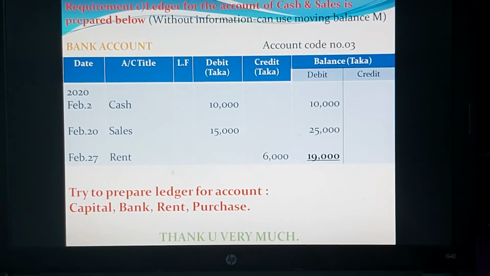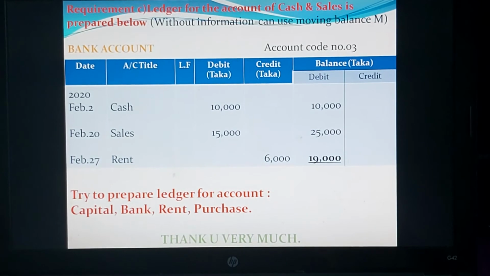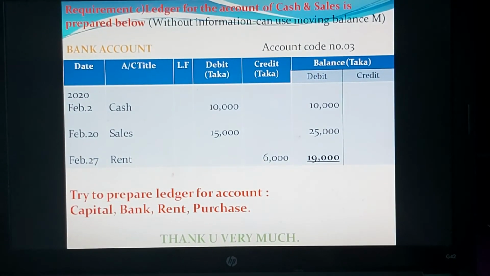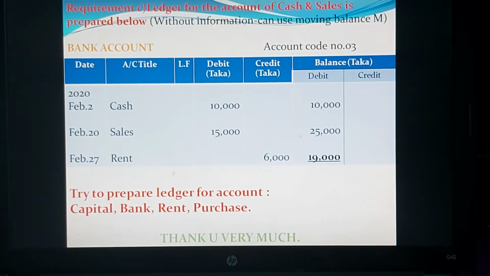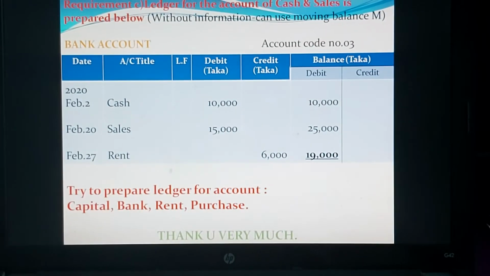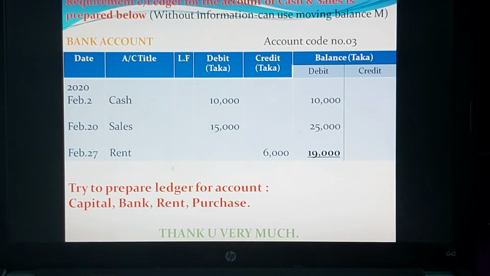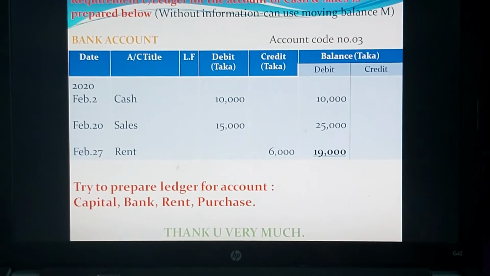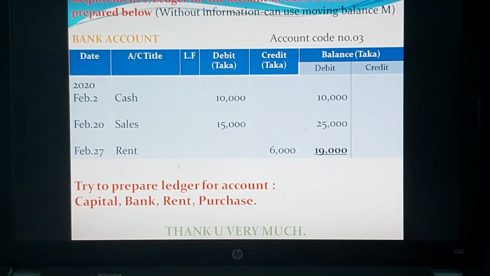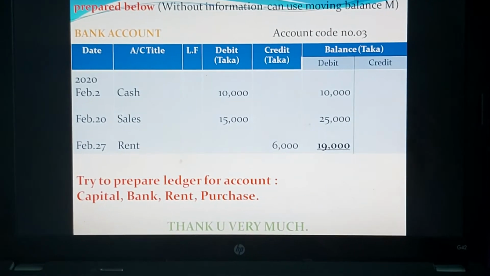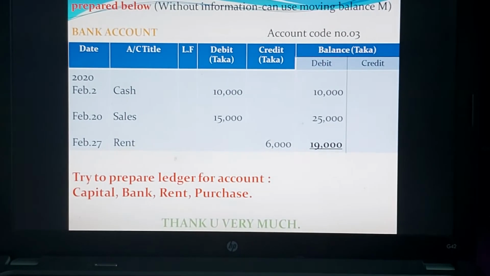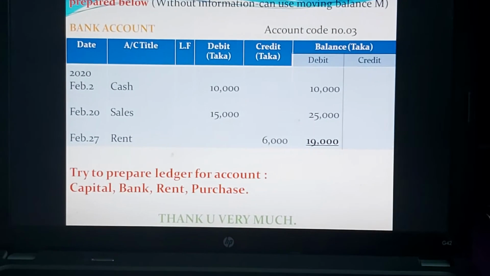Okay, bank account. On the right side you have to write account code number 03. Total is 7 columns: date, account title, ledger folio, debit taka, credit taka, balance taka debit, balance taka credit. Okay, now you can go to the question. You have to prepare a ledger for the bank account.